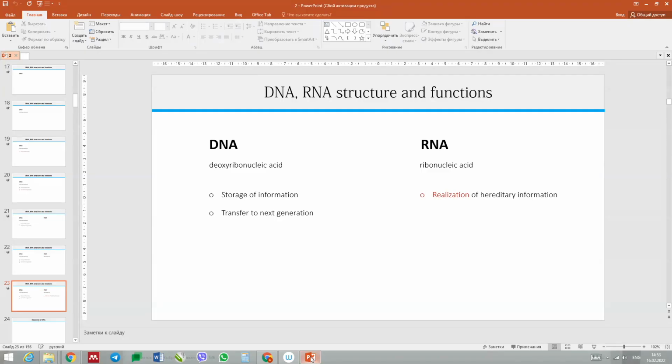I would say it is involved in realization of hereditary information because the concept of realization of hereditary information is very complex. It involves not only DNA, but a lot of other compounds, a lot of other events. So RNA is involved in these events.